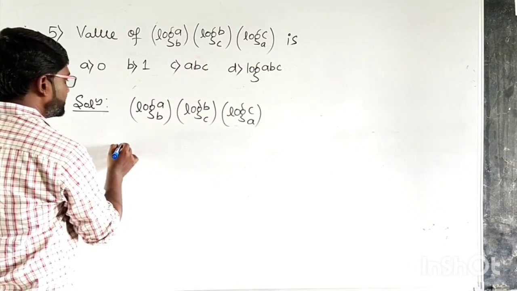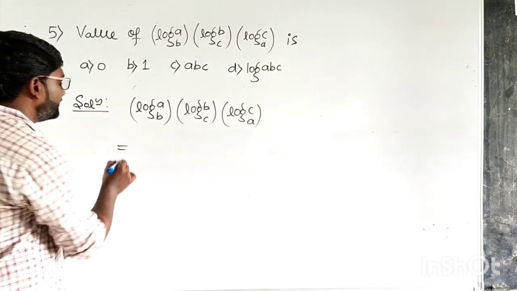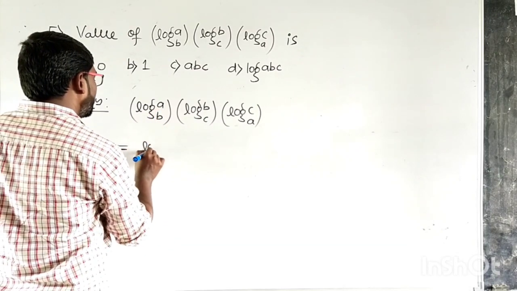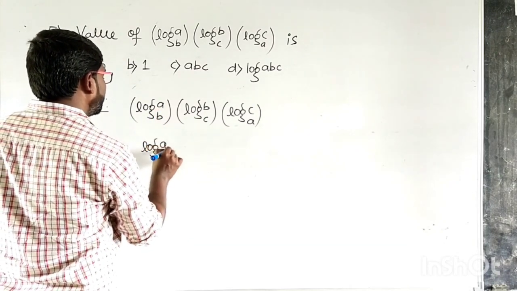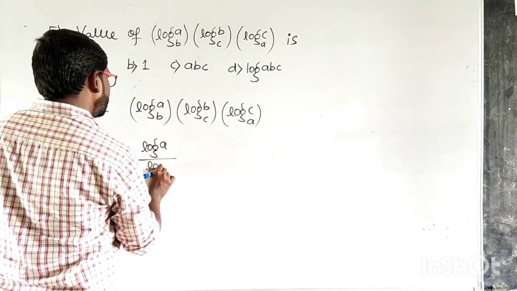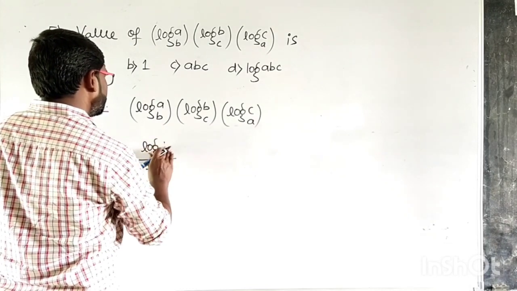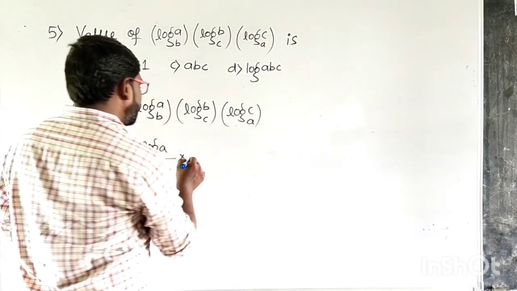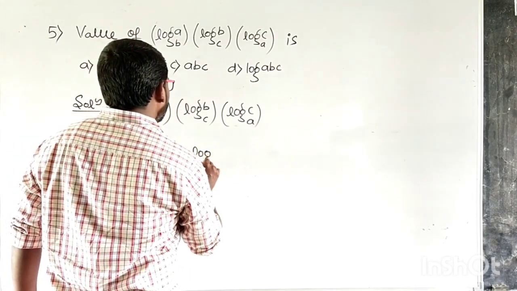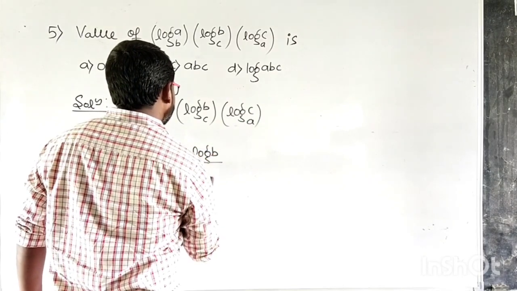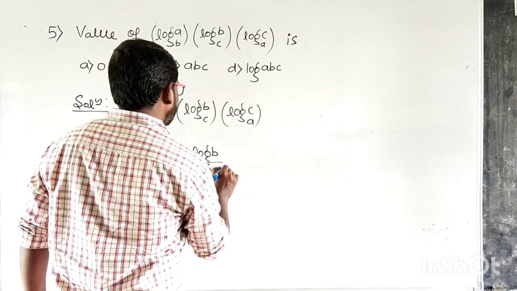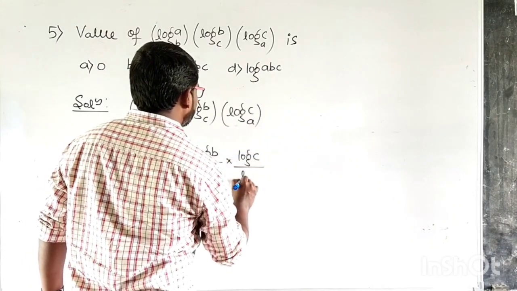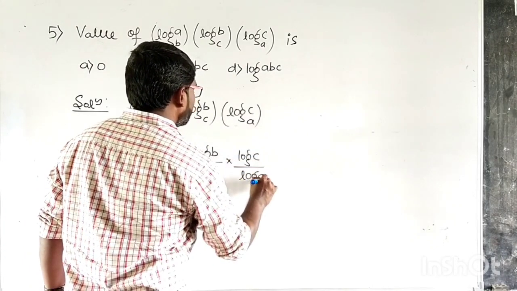So now this is equal to, now we have to go for the change of base rule. So here we get log a divided by log b. Then this can be written as log b divided by log c into log c divided by log a.